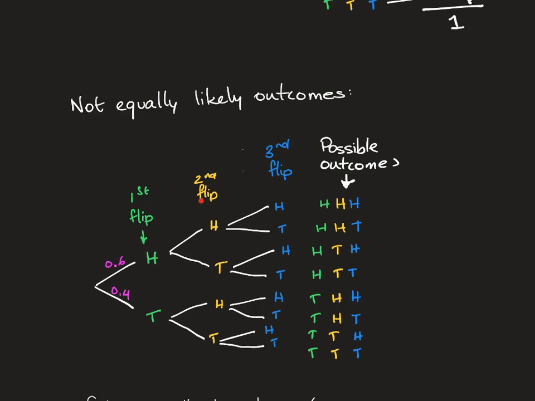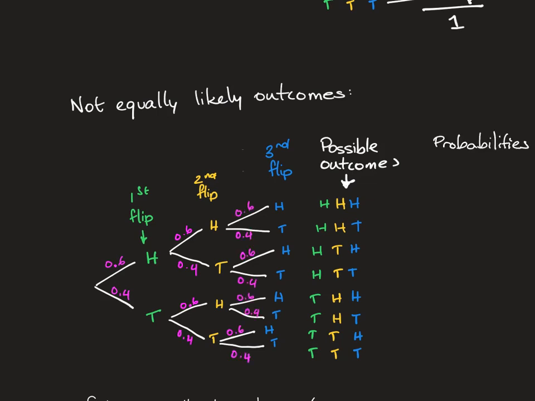So again, on our second flip, if we're using the same coin, our probabilities will be 0.6 and 0.4. And also for the next branch below, if it lands tails on the first flip, it's still 0.6 for heads and 0.4 for tails. And we do that for the rest of the branches.